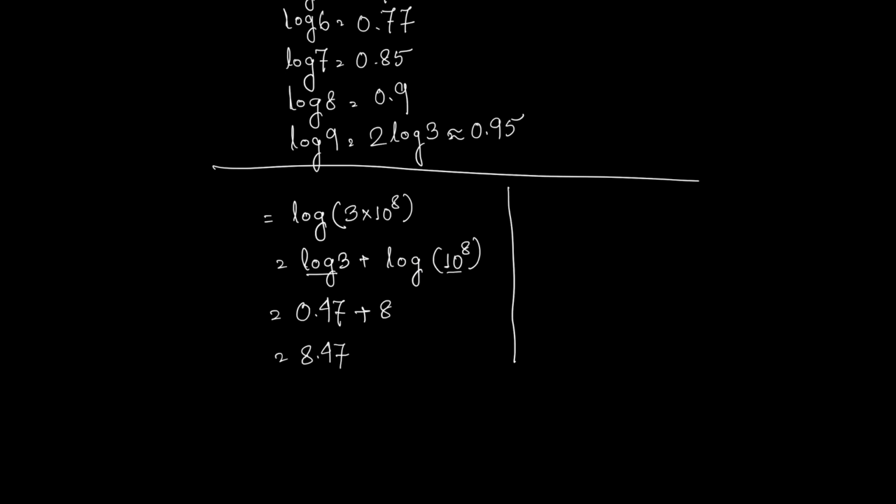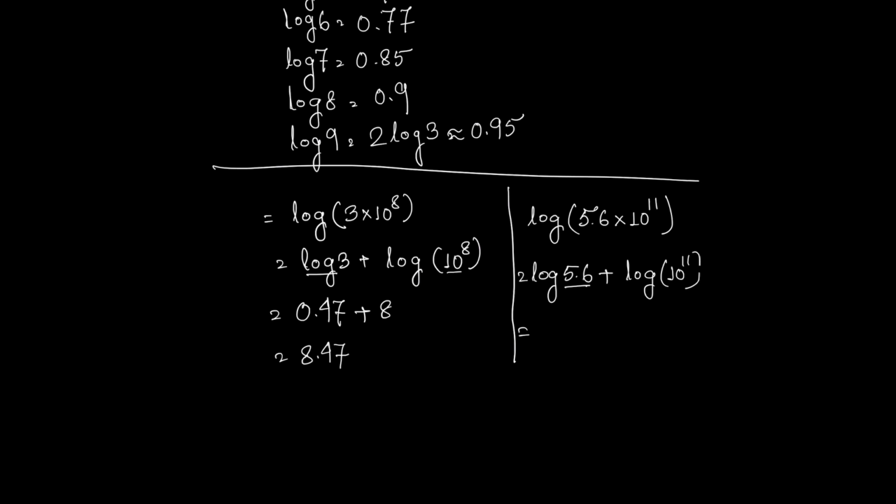Another example, let's take it as a fraction, 5.6 into 10 to the power, let's say, 11. So it would be log 5.6 plus log 10 to the power 11. Now we don't know the exact log of 5.6, but we know that it is between 5 and 6 and more inclined towards 6.